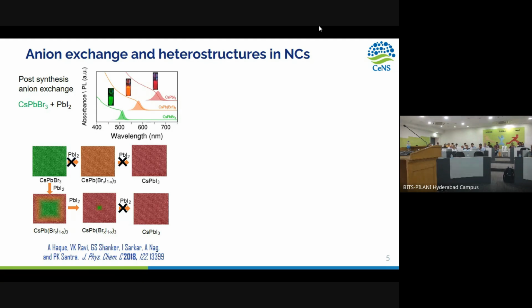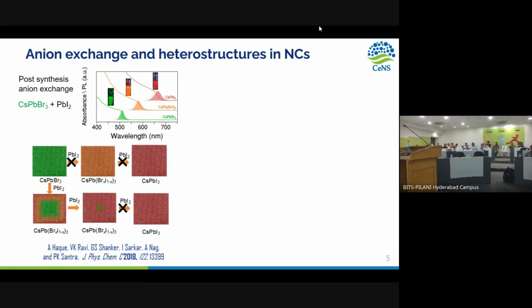Starting from cesium lead bromide, it shifts to lower binding energy, higher wavelength. One possibility is that both bromine and iodine are uniformly present in the system. Another possibility is that it forms a heterostructure: the outside of the nanoparticle is more cesium lead iodide type, and the inside is more cesium lead bromide.